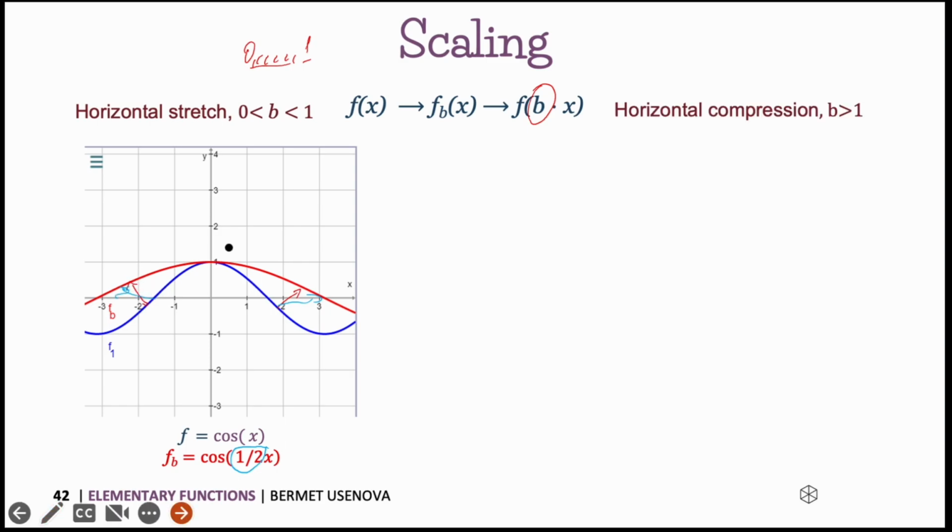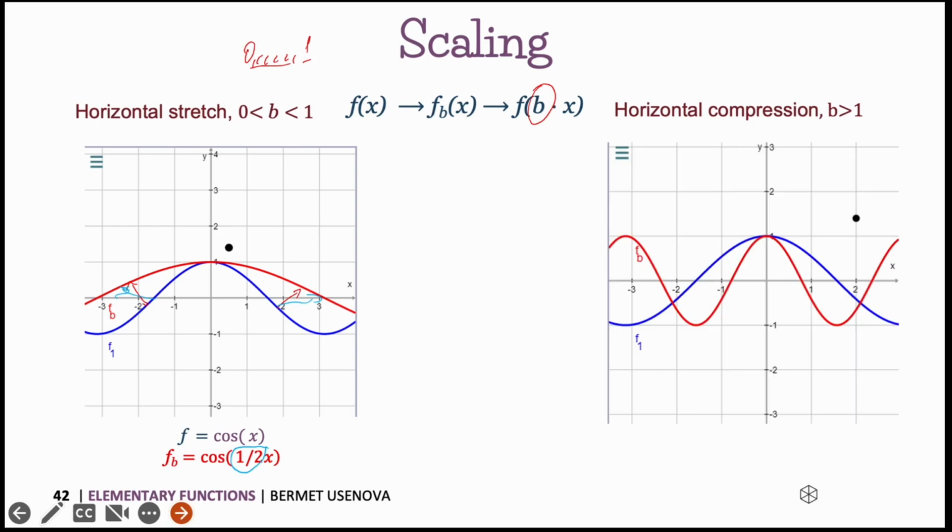And if b is larger than 1, as here we have cosine x and cosine of 2x, it will go to horizontal compression. So you can see here it will compress horizontally. Also important to mention that domains of f of x and f of bx are often different.